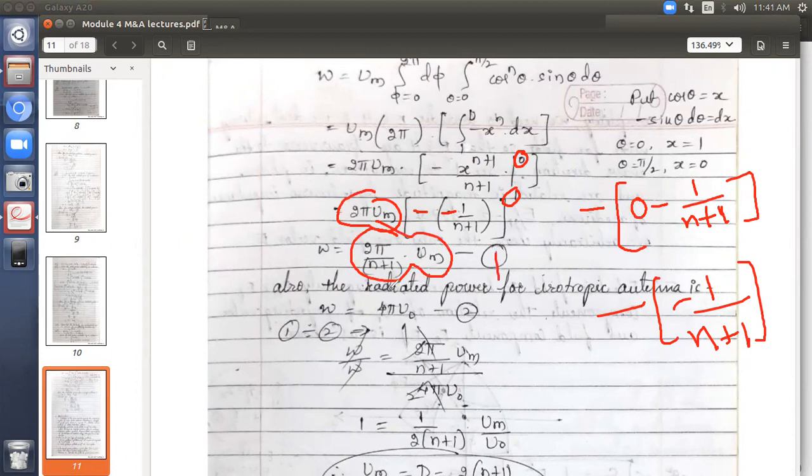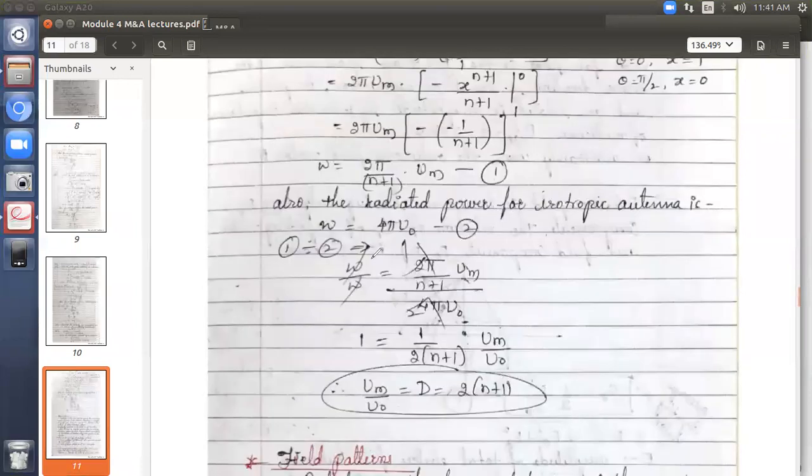For an isotropic antenna, W is equal to 4 pi U naught. So take the ratio of equation 1 and 2. W by W is equal to 2 pi U_m by n plus 1, whole divided by 4 pi U naught. Now this 1 is equal to U_m by U naught.